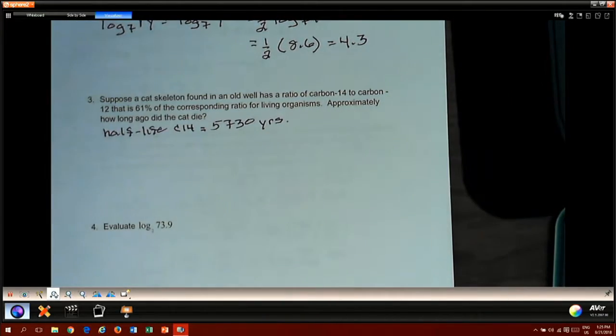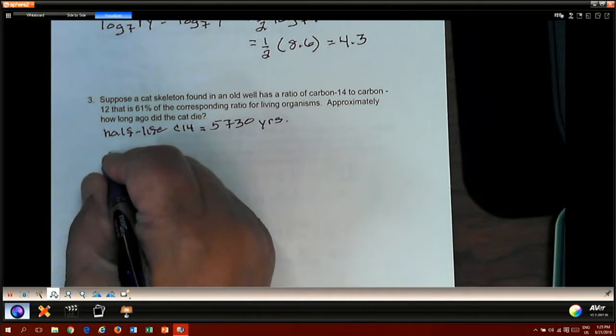So that means that 5,730 years after the cat died, half of the carbon-14 that was in the bones when the cat died is gone. Or conversely, half of it is still there.